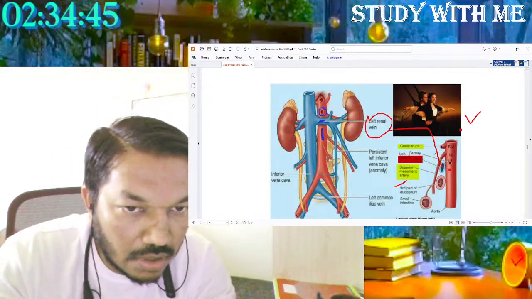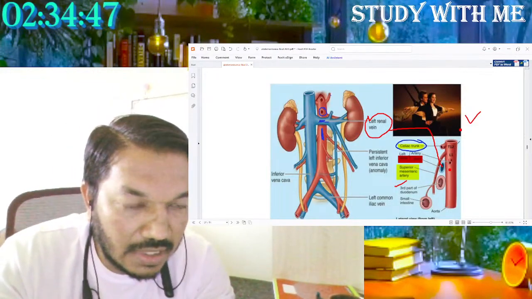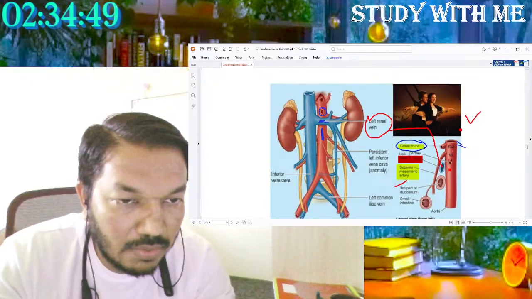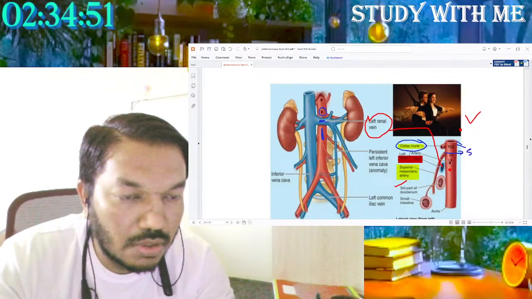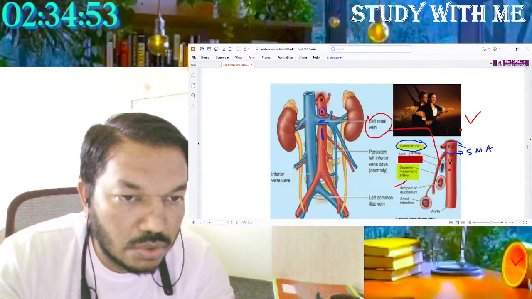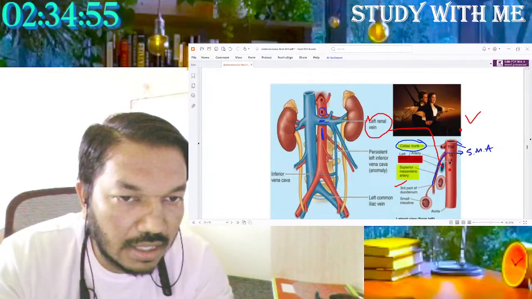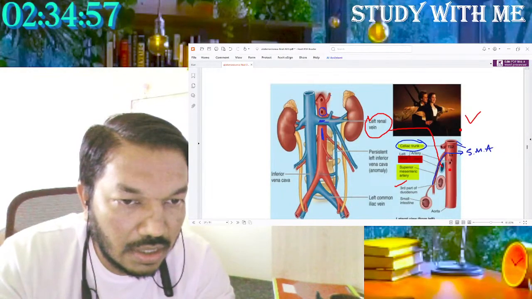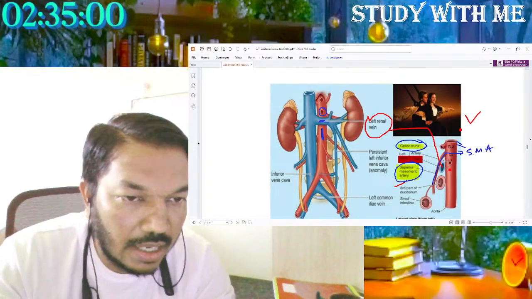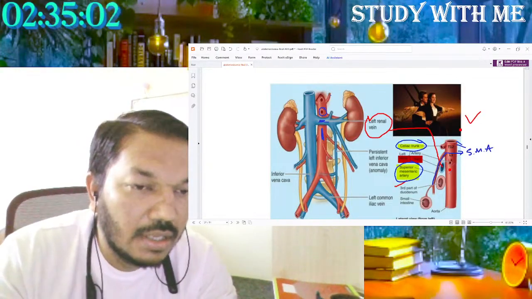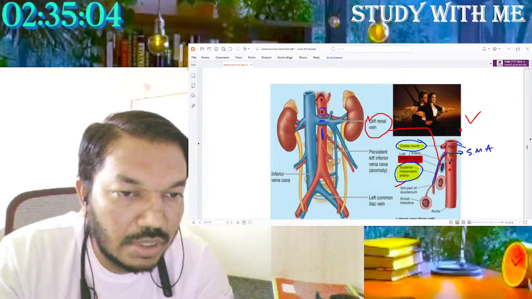This is the celiac trunk at the level of T12. Then at L1 we have the superior mesenteric artery, and behind we have the abdominal aorta.